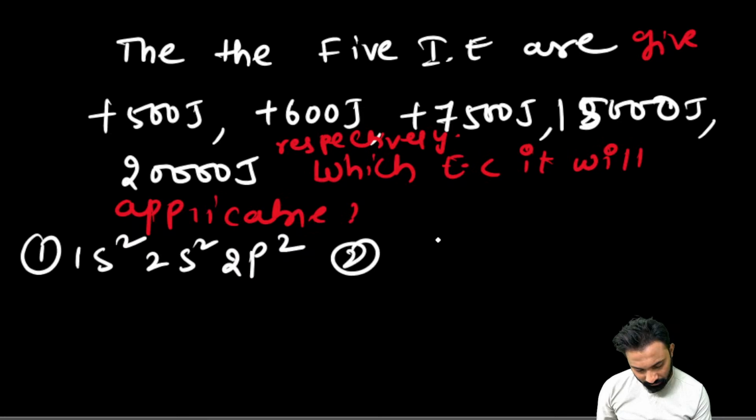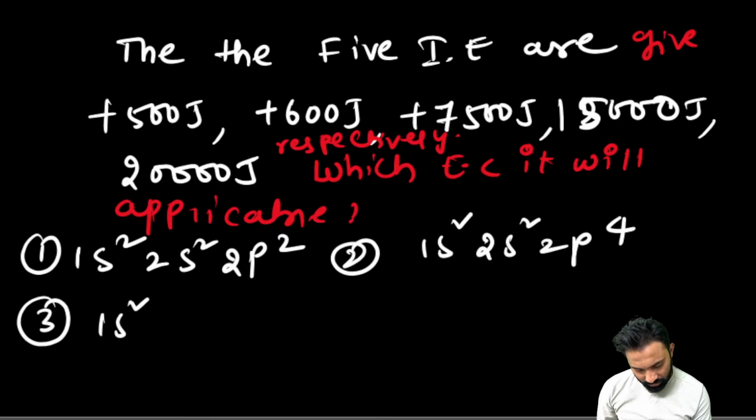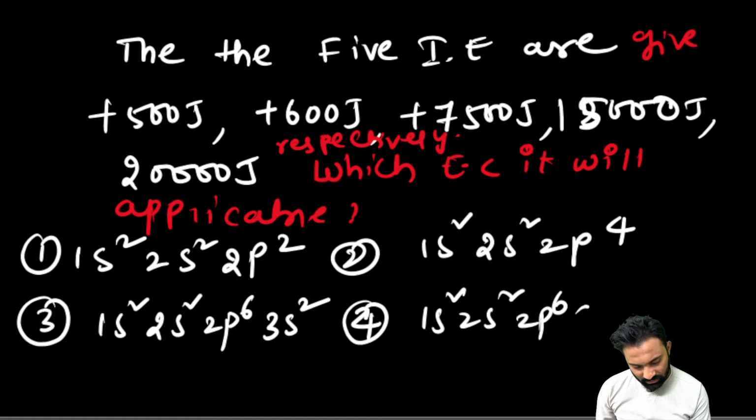Second one 1s2, 2s2, 2p4. Next, 3: 1s2, 2s2, 2p6, 3s2. 4: 1s2, 2s2, 2p6, 3s1.